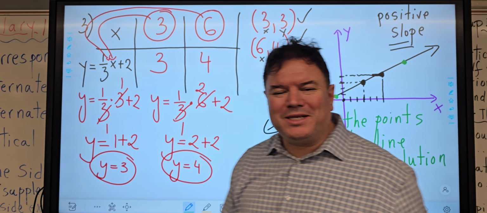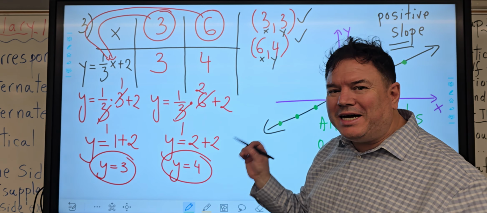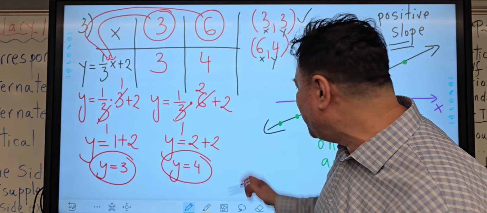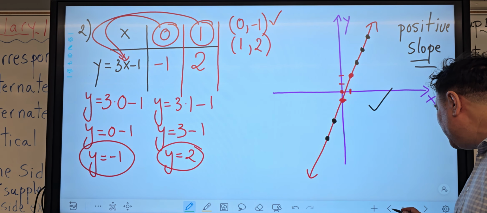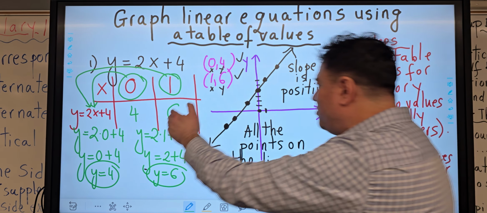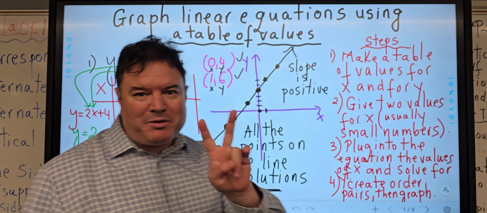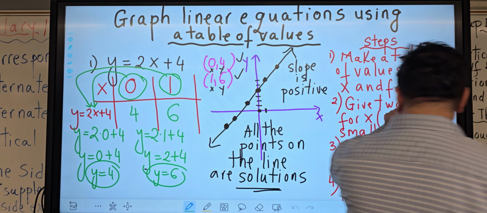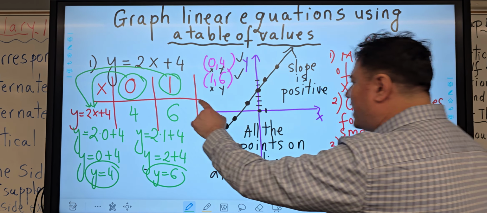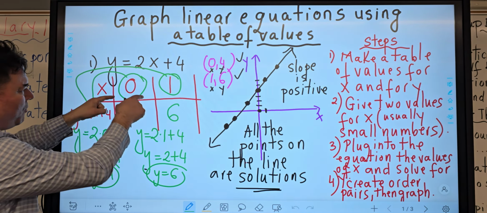I hope this video was clear to you. And now, every time you graph using the table of value, please follow these steps. Don't forget about these steps. Step number 1, make a table of value. Don't forget step number 2. Give 2 values for x, at least 2 values. Small numbers, 0, 1, small numbers.